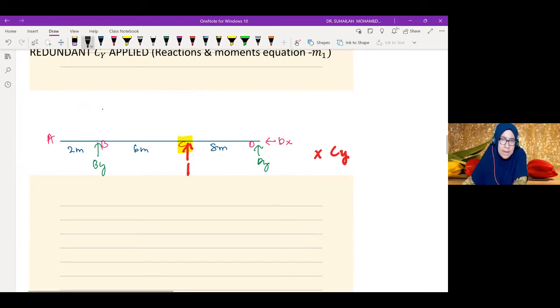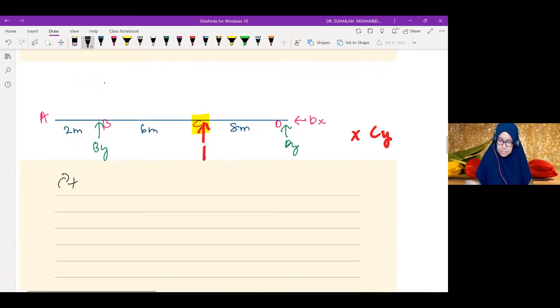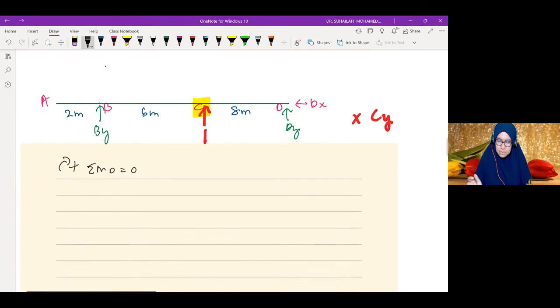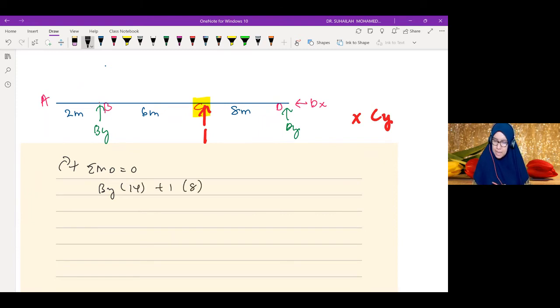So taking moment at D equal to 0, it is BY times 14 plus 1 times 8 equal to 0.